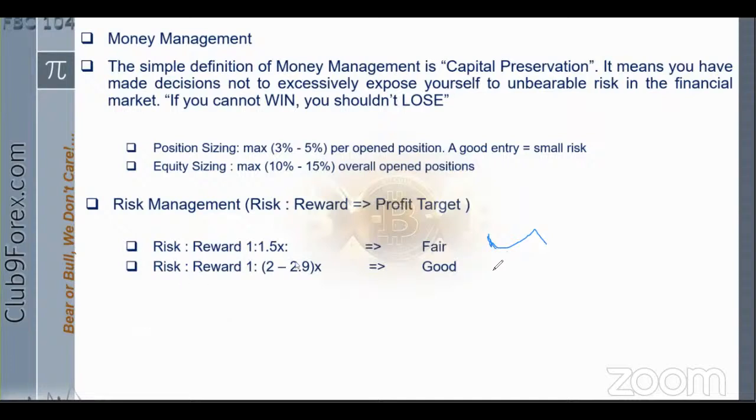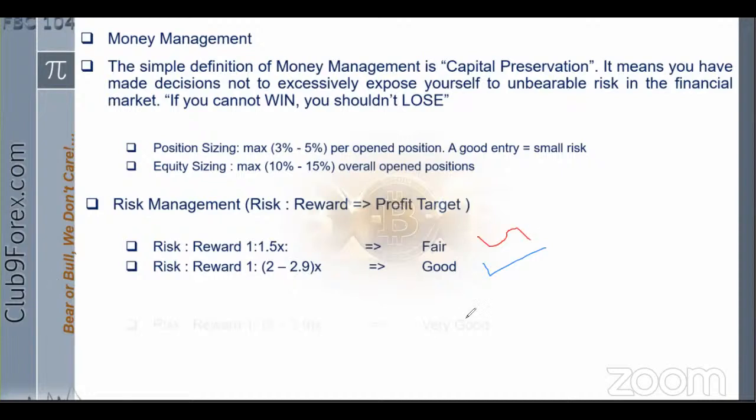And then the next one here is about 1 to 2 and up to 2.9. That means approximately 1 to 2.5, 2.6, 2.7, 2.8, 2.9, and up to 3. And that's a very good one. So if you target your risk reward around this range, it means that you are following good risk management when you are taking a trade.